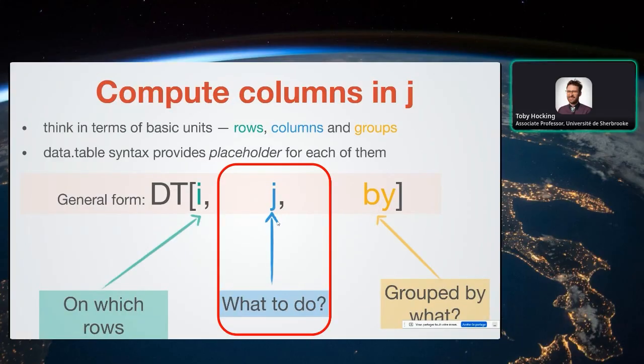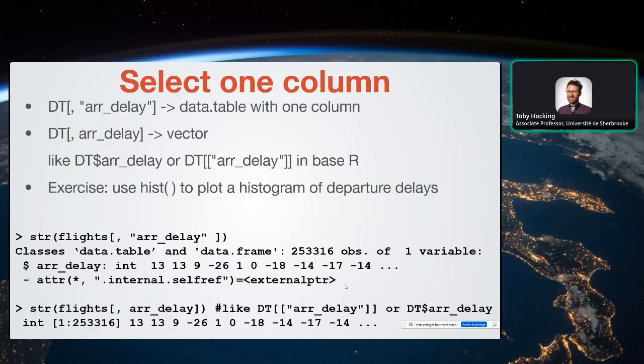So let's talk about the second argument in the square brackets, the j. Here you can, just like base R, specify some column names, like arrival delay, either in quotes or without quotes. If you use the quotes, you get a data.table back. If you don't use quotes, you just get a vector back.